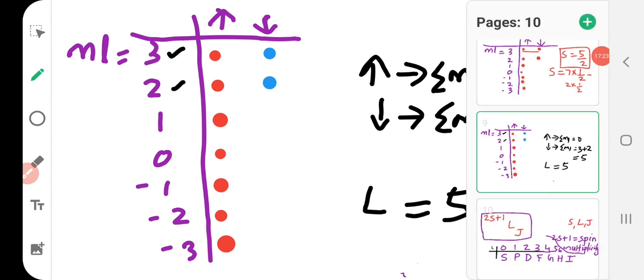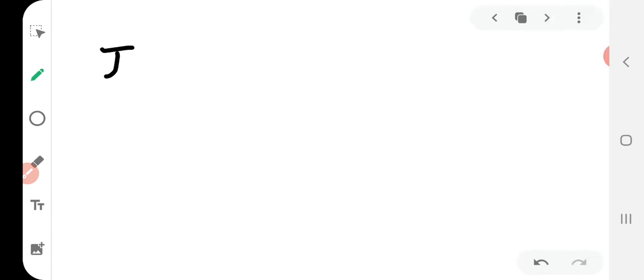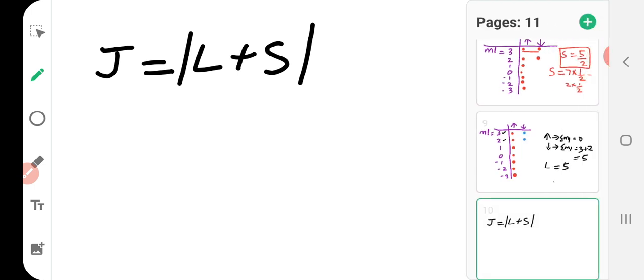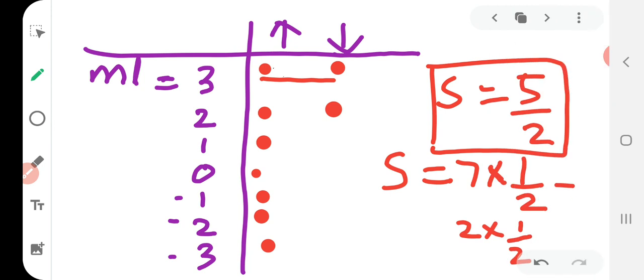Next we have to find J. J is equal to L plus S or L minus S, or it is simply S. So in this ion, as we know, this F shell can accommodate 14 electrons, and here it is having 9 electrons. So it is more than 7, that is, it is more than half filled.